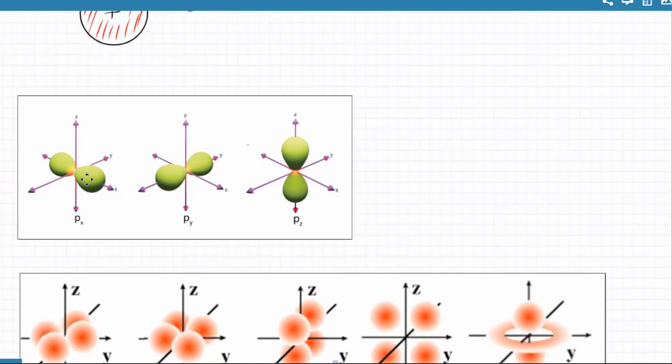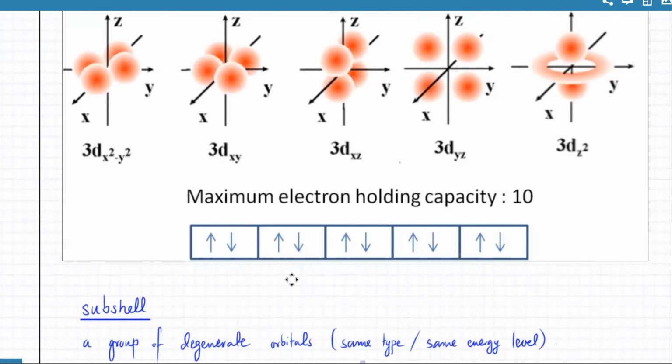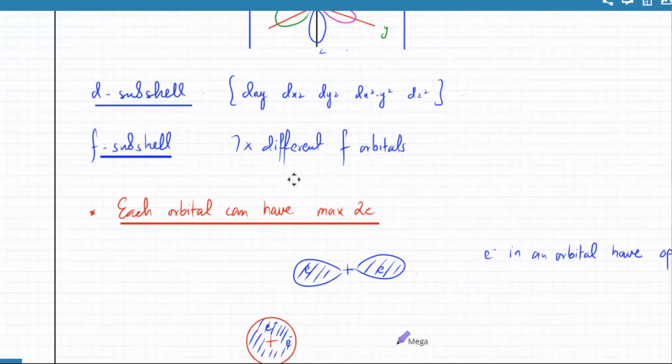Subshell में ज्यादा होंगे क्योंकि सबशेल इज उन सारों को ग्रुप किया हुआ है ना, so that's a total of 6 electrons. क्लियर है? Yes sir. डी सबशेल इन सारों का मिक्सचर होगा, you add them, so that's 2 इसमें, 2 इसमें, 2 इधर है, 2 इधर है, 2 इसमें भी है, so that's a total of 10 electrons. ठीक है? But remember each orbital can have a maximum of 2 electrons.